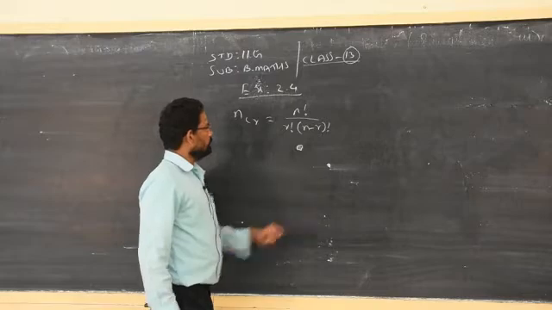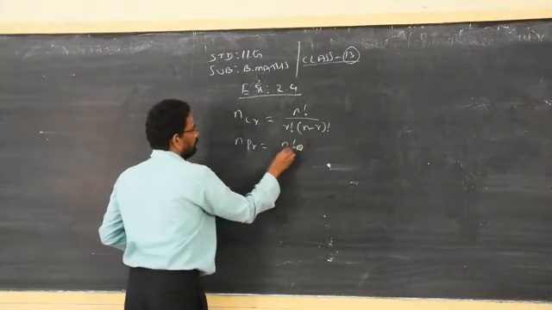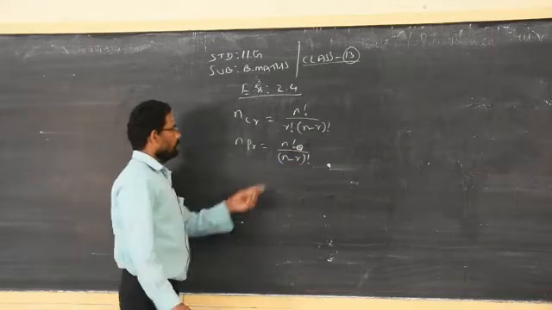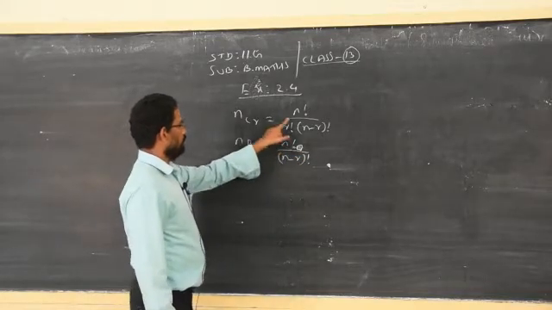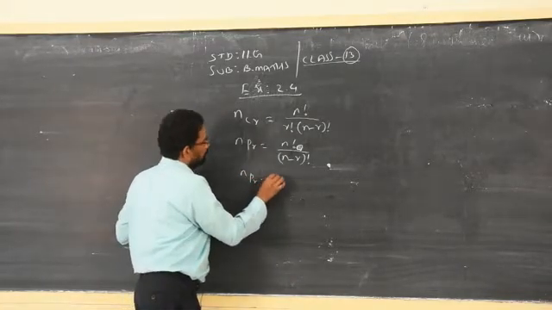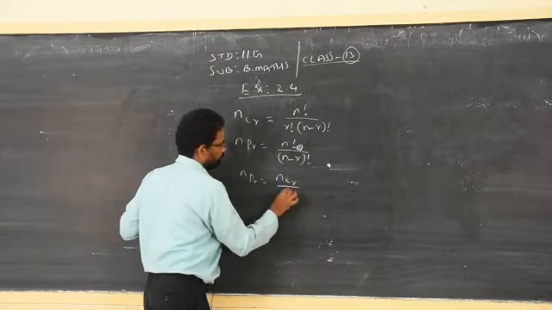So what is the difference between NPR and NCR? NPR is nothing but n factorial by n minus r factorial. So what is the difference between these two? Only r factorial. So NPR can be replaced by NCR by r factorial.